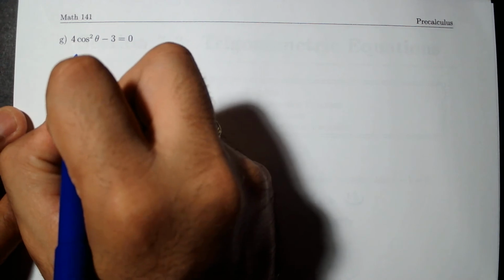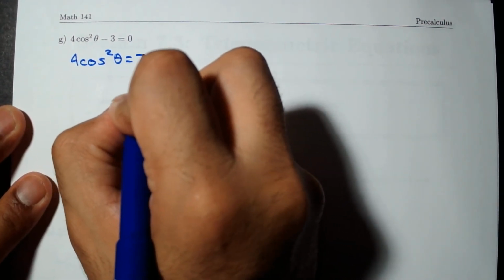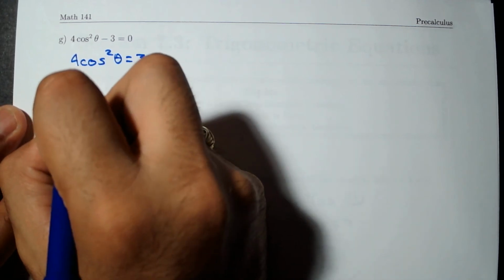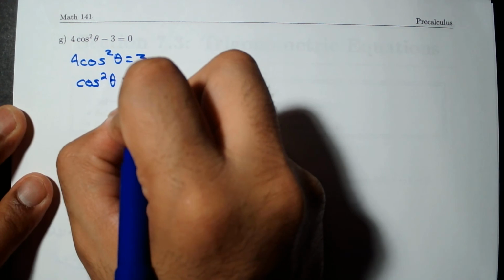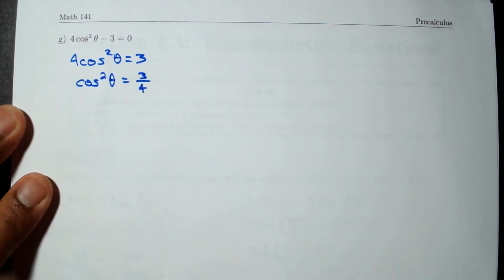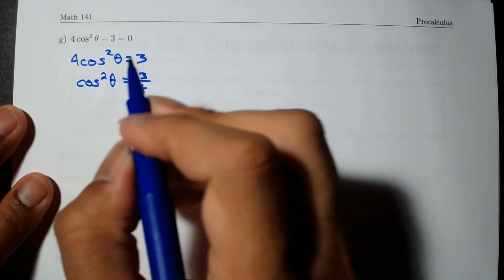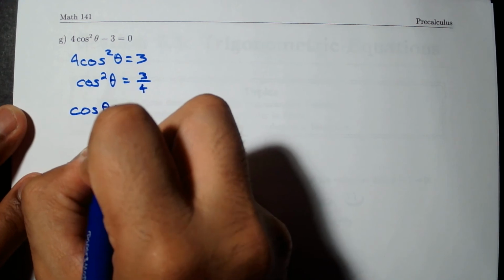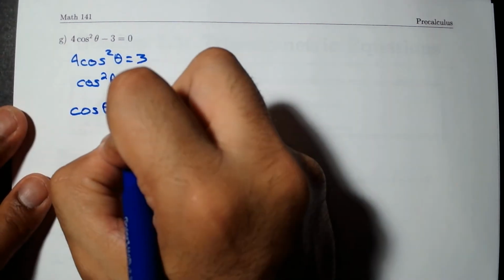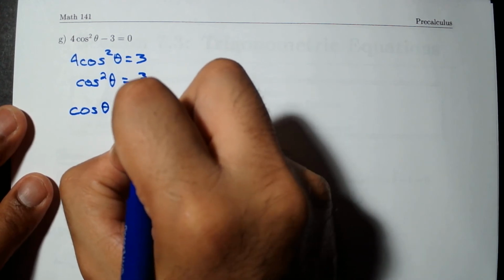So let's solve for cosine squared theta. Divide both sides by 4 to get cosine squared theta equals 3 over, actually 3/4. Okay, to get rid of the square, we need to take the square root on both sides, but be careful here, because every time we take the square root, the plus or minus is going to be important.